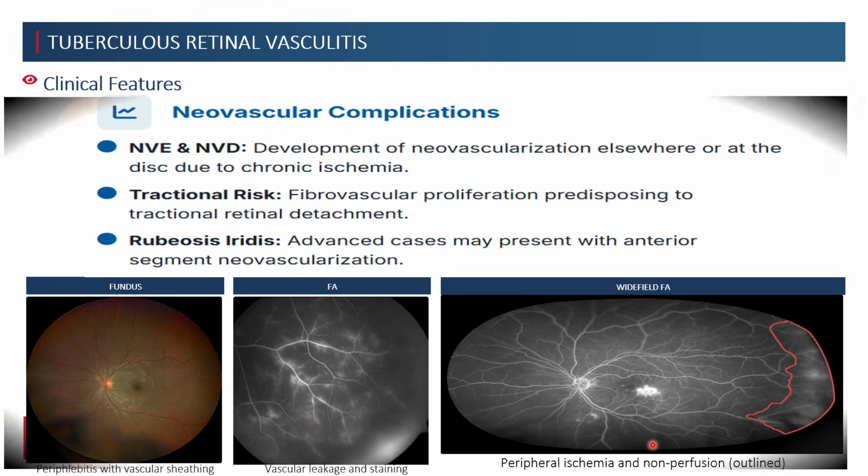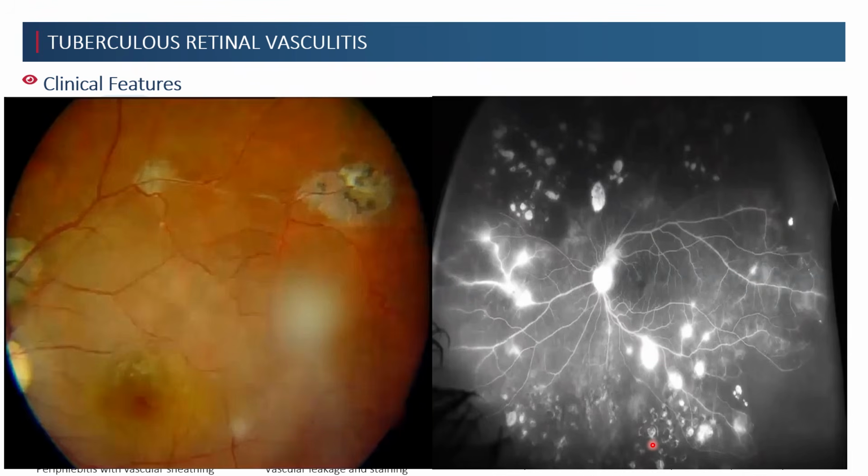One of the clues that point to the tuberculous origin of this periphlebitis is that you find perivascular granulomas around the sheathed blood vessels. As you can see here, these are hotspots of leakage due to underlying granulomas around the sheathed blood vessels.